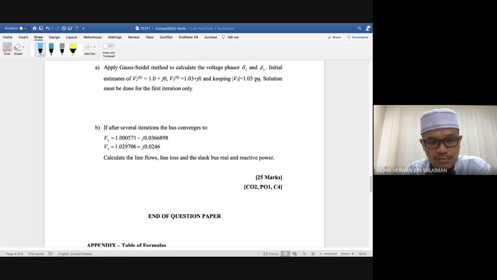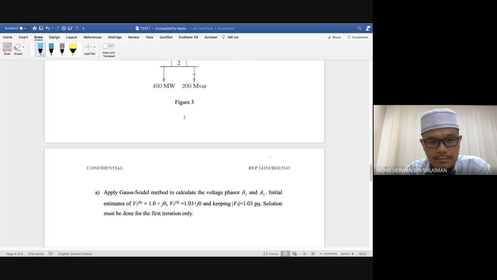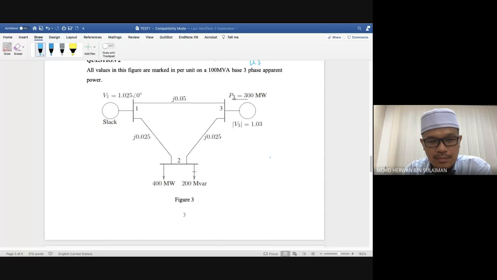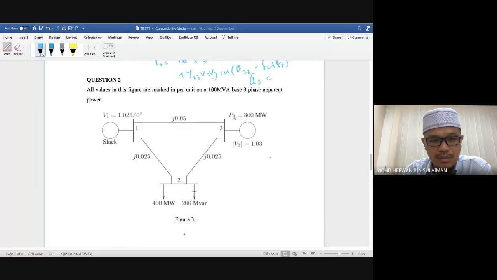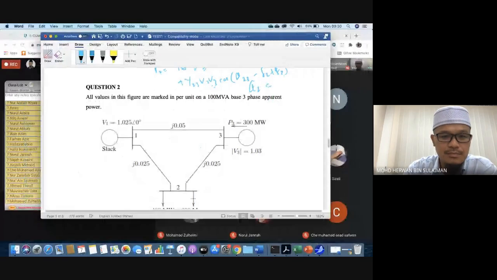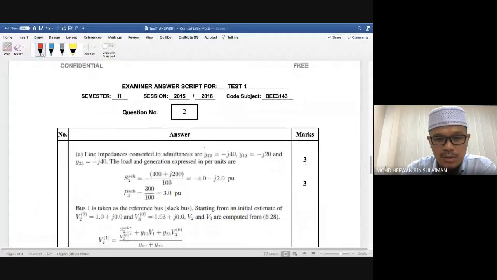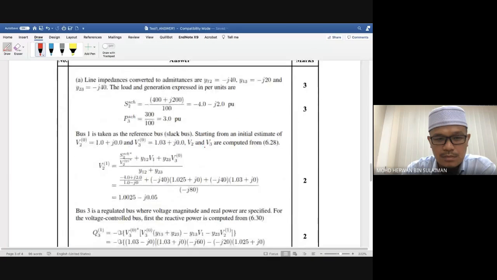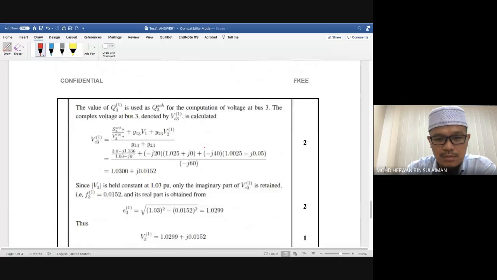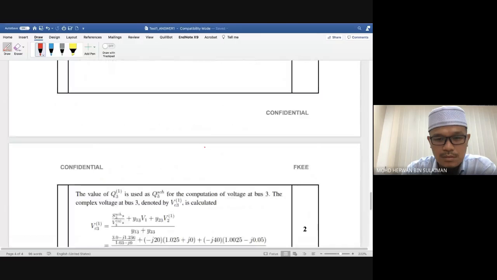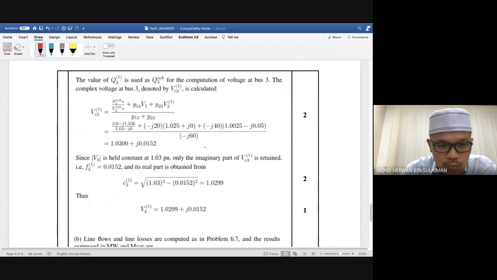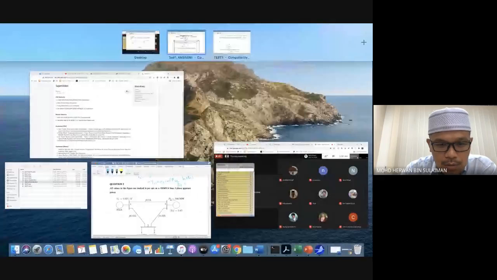So okay, senang kita tengok. Jawapan di mana? Okay, jawapan dia kot. Okay, jap.